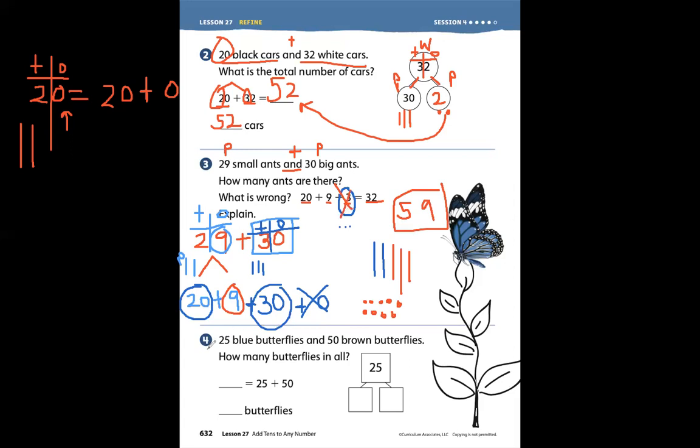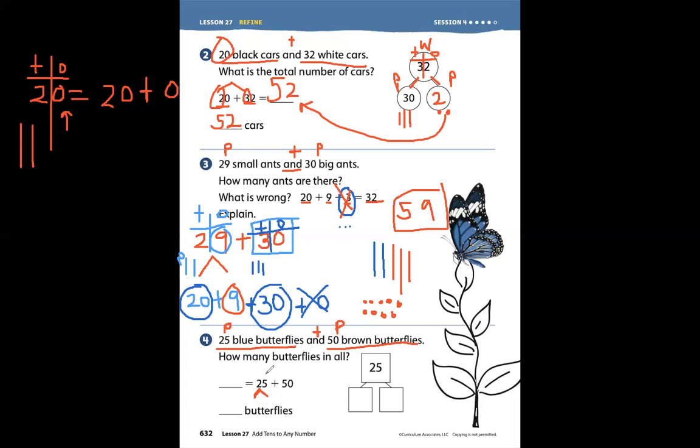Last problem. Problem number 4 says 25 blue butterflies and 50 brown butterflies. How many butterflies in all? So here is my joining word, and. That means 25 is a part and 50 is a part. How many butterflies in all? So I'm going to add 25. 25 can be broken apart, right?